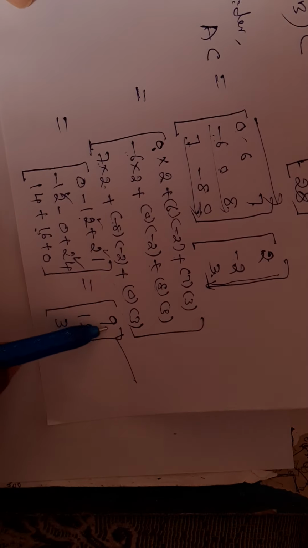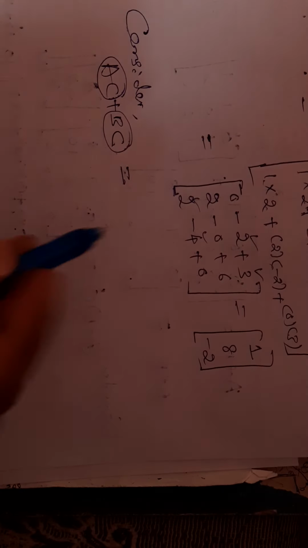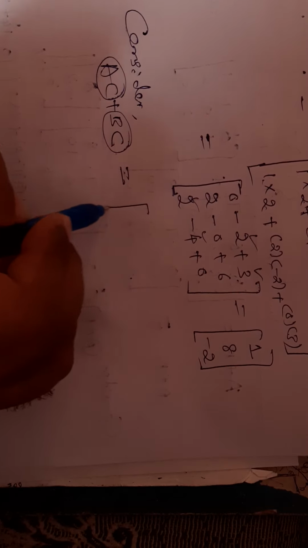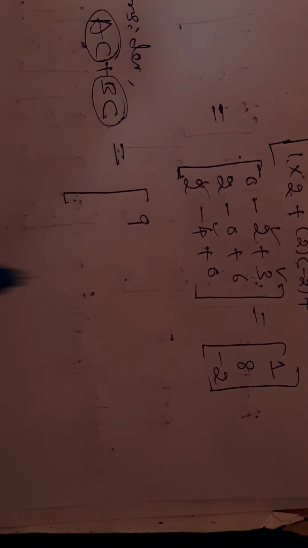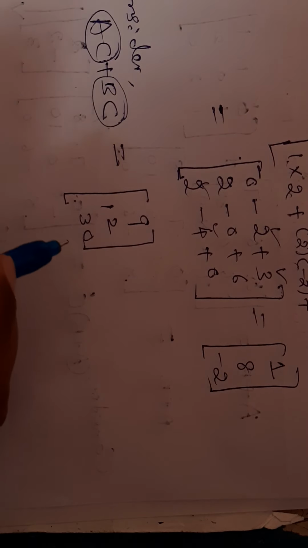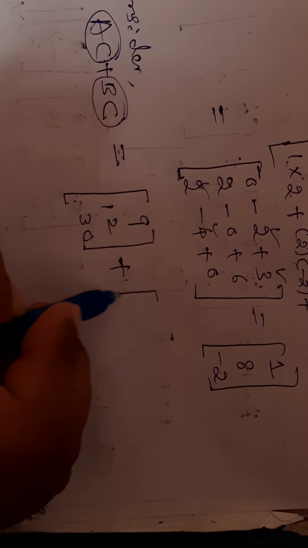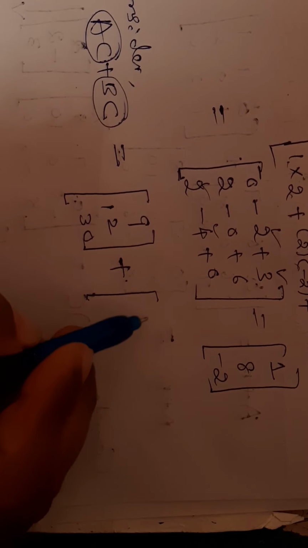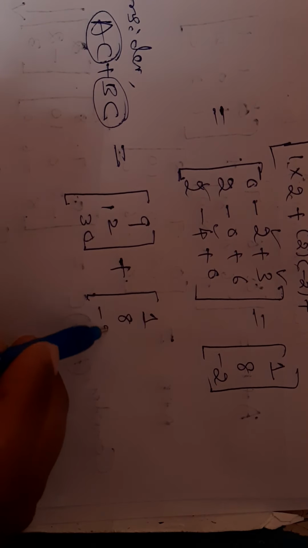AC is 9, 12, 30. Let me write this: 9, 12, 30 plus BC, which is 1, 8, minus 2.